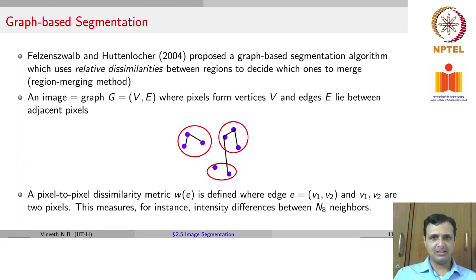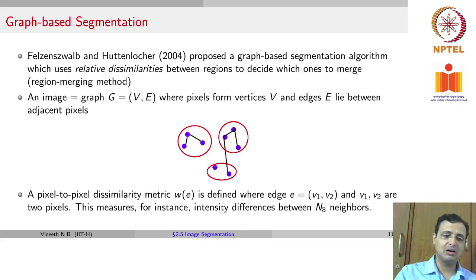One of the popular methods to do image segmentation was graph-based segmentation, which was proposed in the early 2000s by Felzenszwalb and Huttenlocher. They proposed a graph-based segmentation algorithm which used dissimilarities between regions to find out which regions to merge in a given iteration.